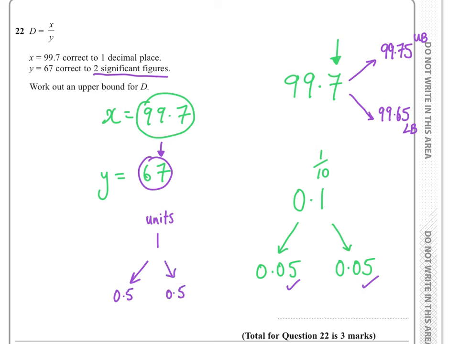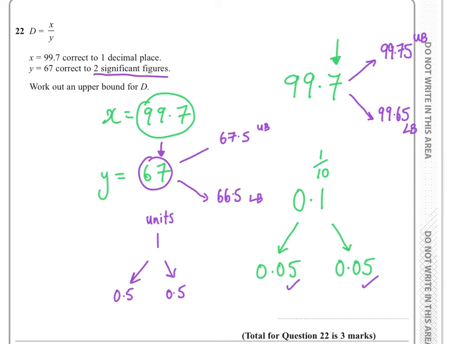So if we want the upper bound of 67, we would add 0.5 to it, and that would be 67.5. And if we want the lower bound of 67, then we take 0.5 away from it, and that would be 66.5.